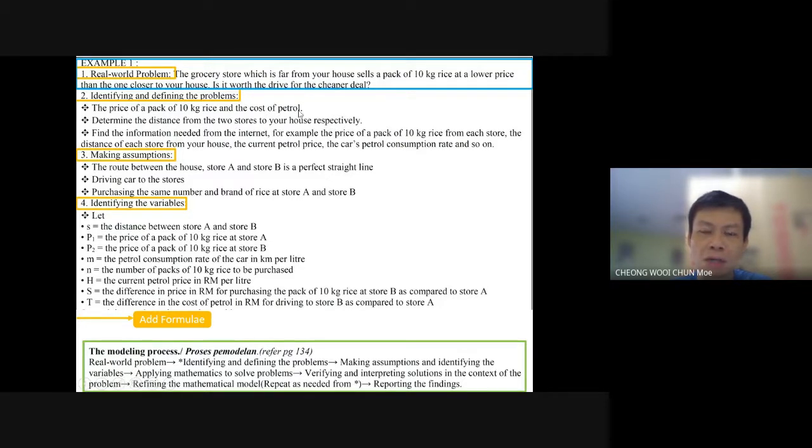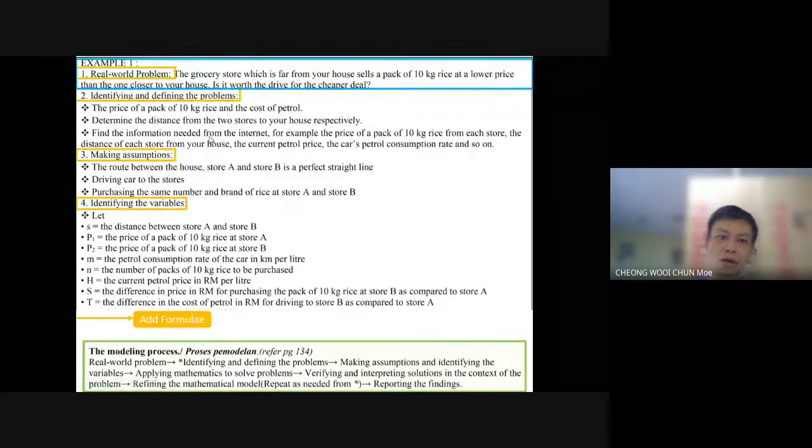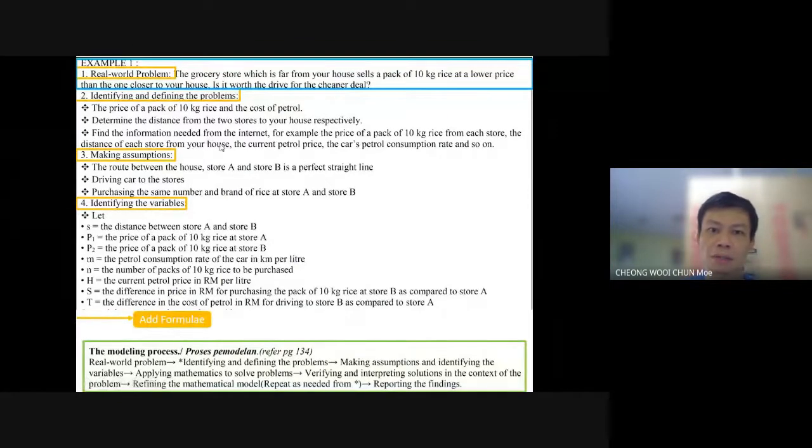So you need to get the distance between the one near your house and the one further away. Find the information needed from the internet, for example, the price of a pack of 10 kilogram rice from each store, the distance of each store from your house, the current petrol price, the car's petrol consumption rate, and so on.